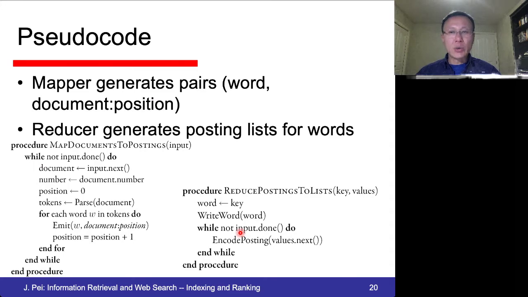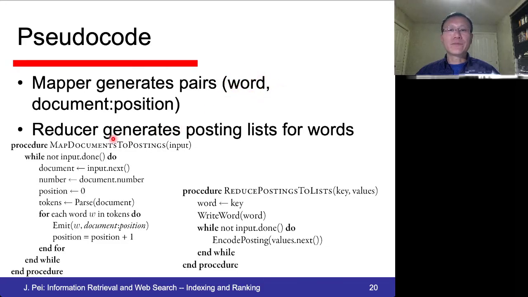Let's look at the code a little bit. As you can see, the mapper generates pairs: the word, and the document and its position. And the reducer generates a posting list for words. Here, all the word, document, position pairs go to the same reducer if they are about the same word.